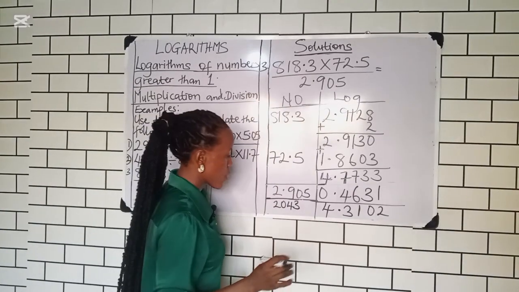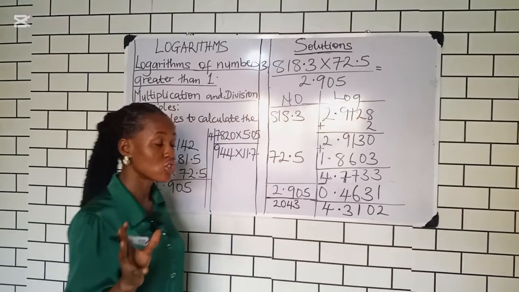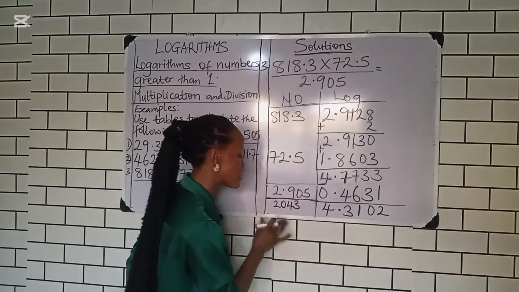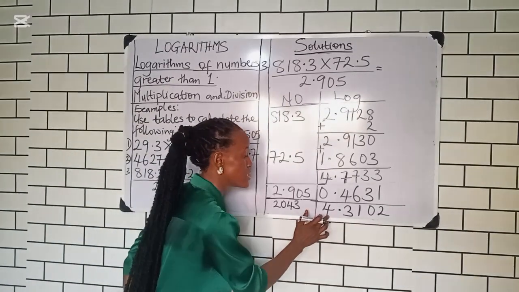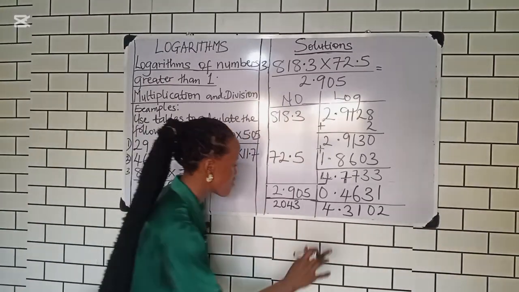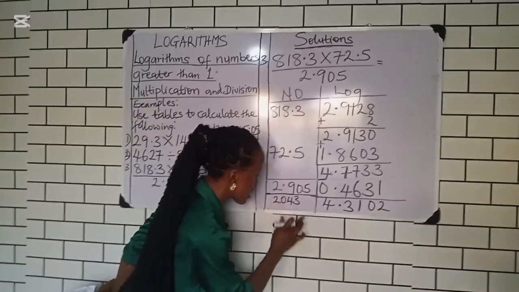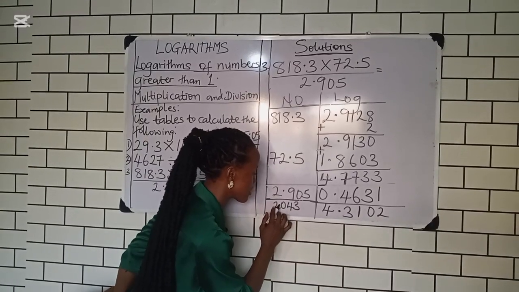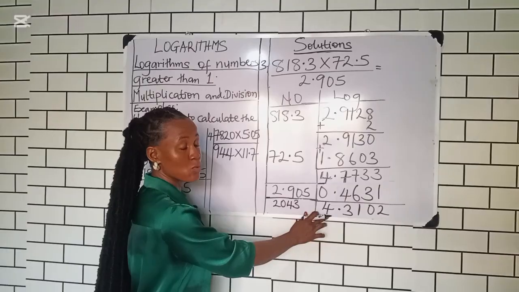Now, remember, this 4, this characteristic part, always determines the position of the decimal point in such a way that if you write the anti-log in standard form, the power of 10 is going to be the same number as this characteristic part. And what we have here is 4. If you look at this number here, if we assume that our decimal point is here, you count 1, 2, 3. It's not going to be the same as this characteristic, which is 4.